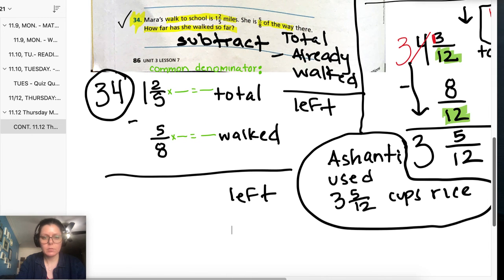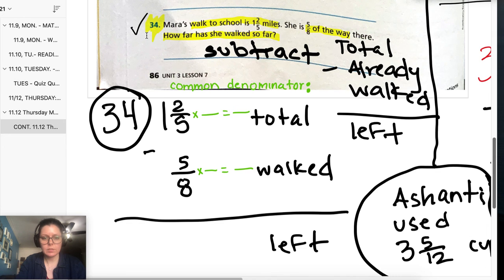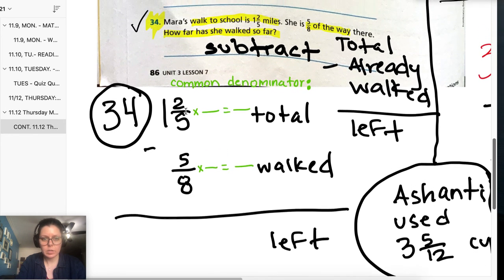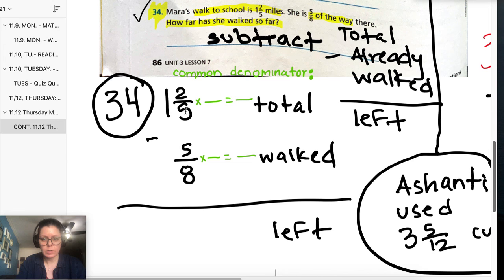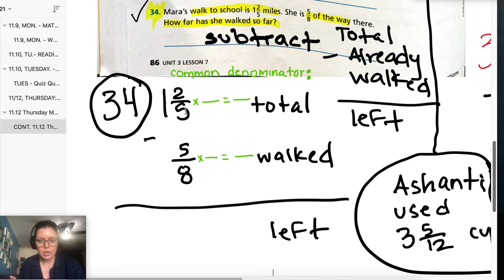Let me zoom in a little so you can see we're just working on number 34 right here. So we're not worried about Ashanti. Alrighty, so 34, we have 1 and 2/5 and 5/8. What is our least common denominator? Okay, well, 8 times 2 is 16, but 5 doesn't multiply to get 16.